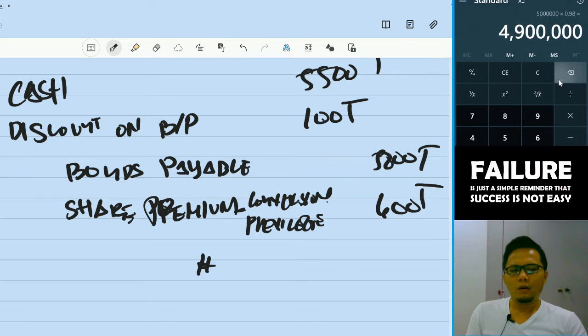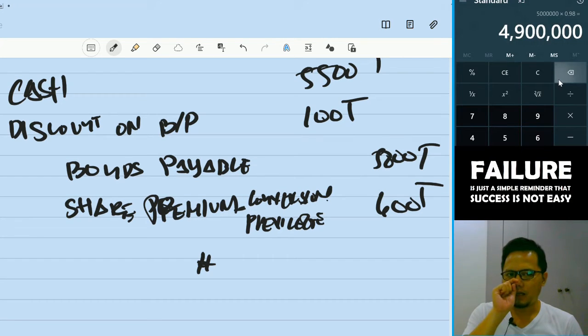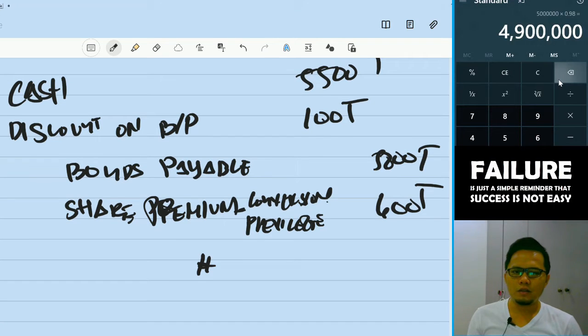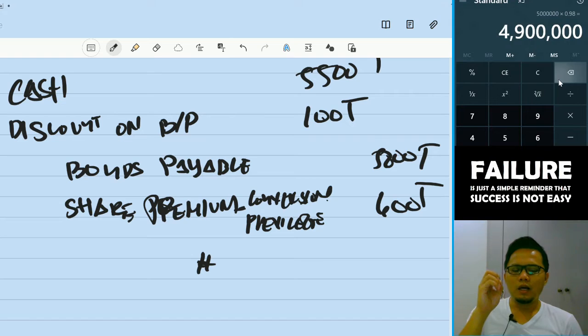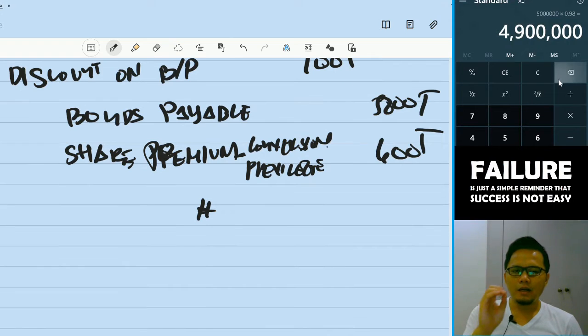What is important to note there is that, kung plain and simple bonds payable lang sana ito, pure financial liability, we do not need to allocate the issue price, di ba? But because this is a compound financial instrument, we need to allocate it to get to the allocated price of the bonds payable.